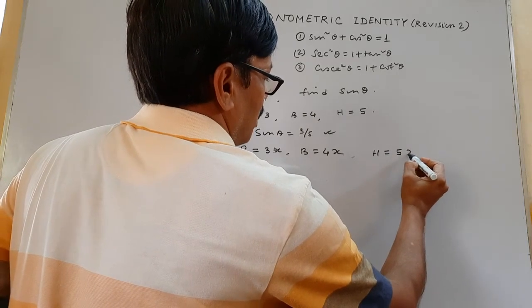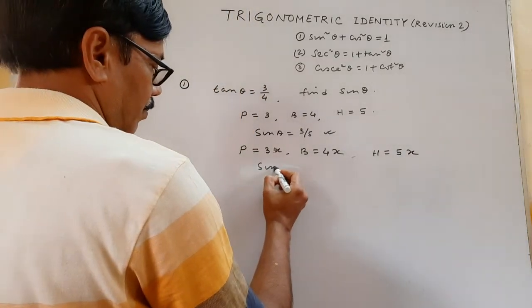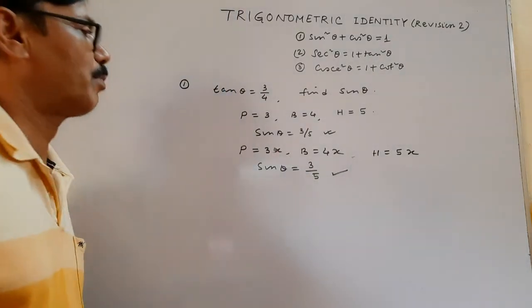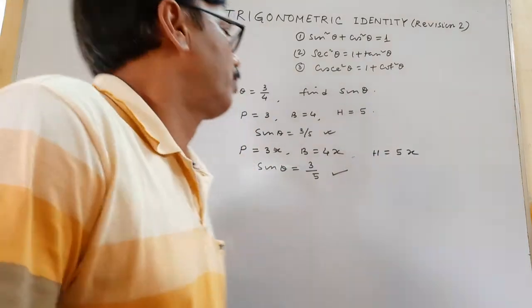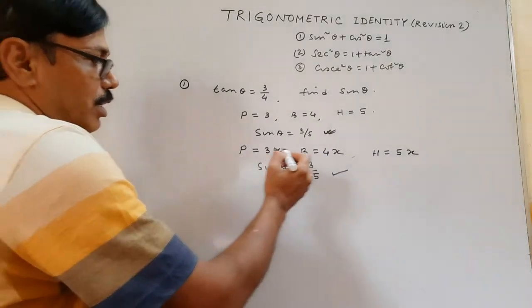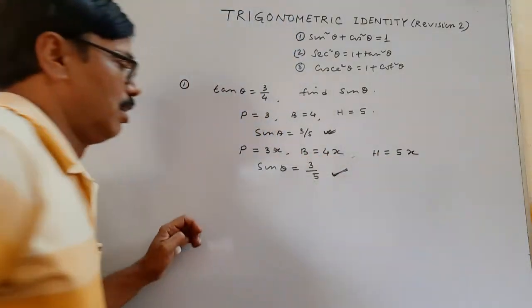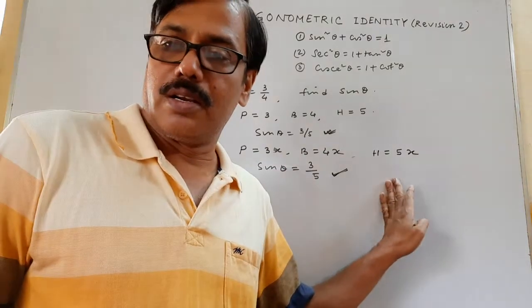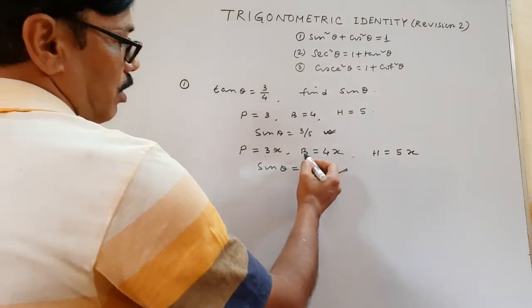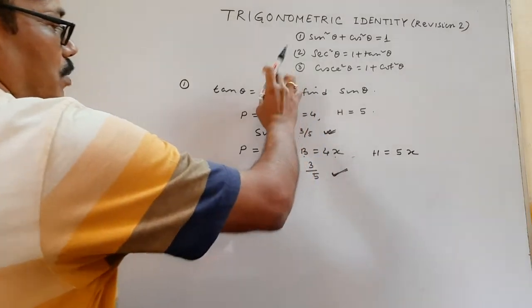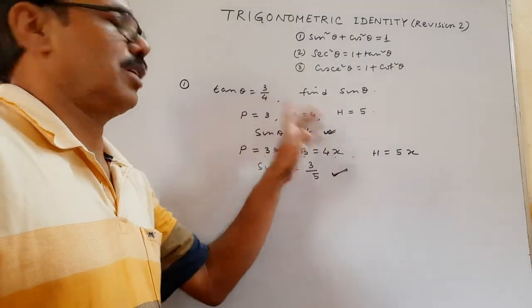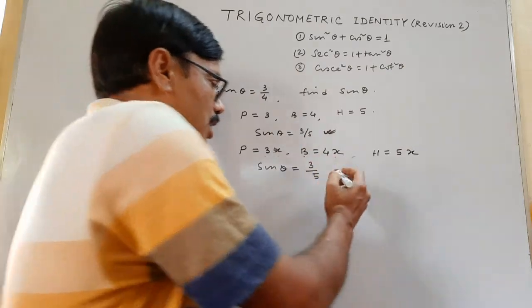Hypotenuse is 5x. So sine theta equals 3 by 5. Up to board level, class 10 level, it is okay. But I think this one will be the correct option: P equals 3x, B equals 4x, ratio 3 by 4. It does not imply that P equals 3, B equals 4. That is why we are taking it in this form.